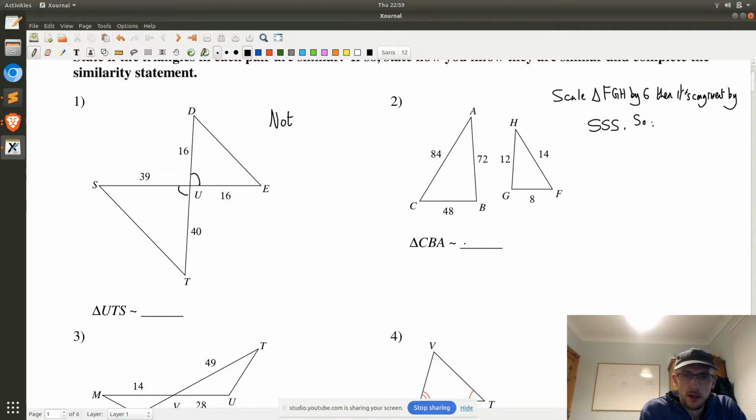I mean, they are. But now we must complete the statement. Right, so they say CBA, like that. So you need to pair it up appropriately. So FGH is the answer. But we check and see what they want. It's an SSS similarity, and that's indeed right.